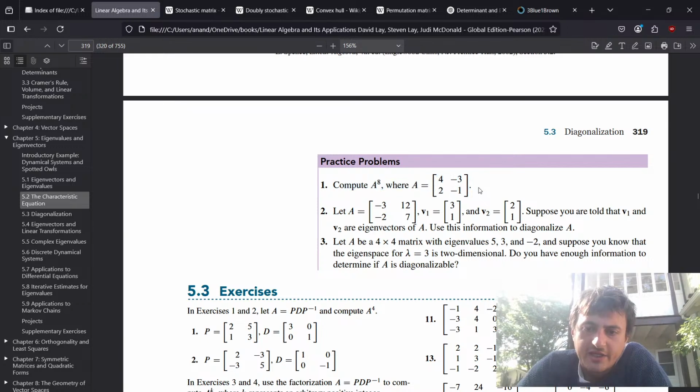Compute A to the 8, where A is 4, minus 3, 2, minus 1.